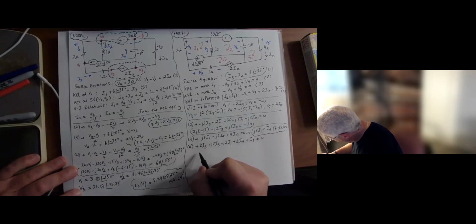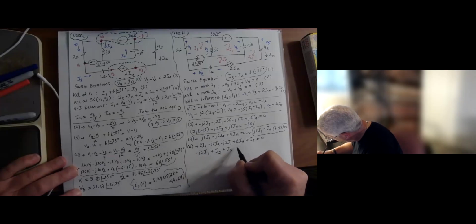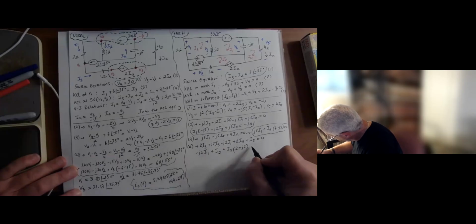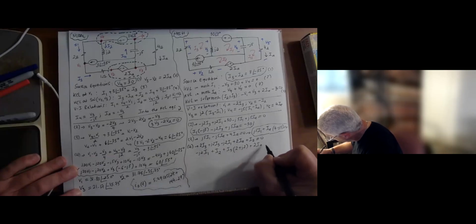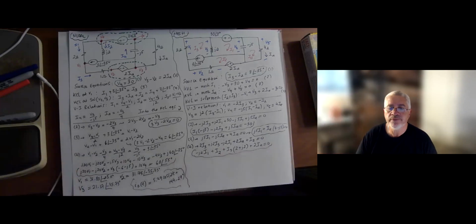So collecting terms here, minus J2 I1. Do we have any I2? Yes, we do. Plus I2. Do we have any I3? Yes, we do. Plus I3 times 2 plus J2, plus 2IA equals 0. This is my fourth equation for my 4 unknowns.